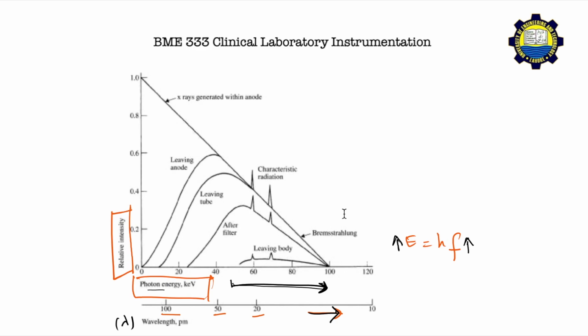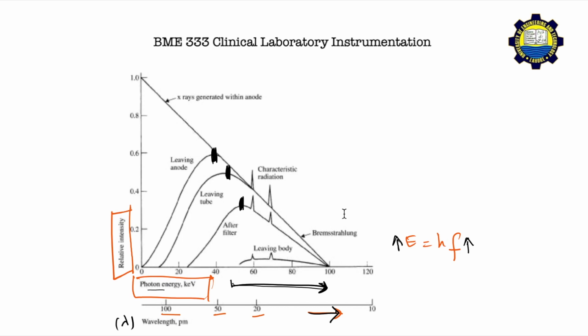This is what happens when it leaves the anode. There are photons of a range of energies with relative intensities, right? And if you just look at the central part of the curve, here's where they are. So after it leaves the anode, that's what the relative intensity is.